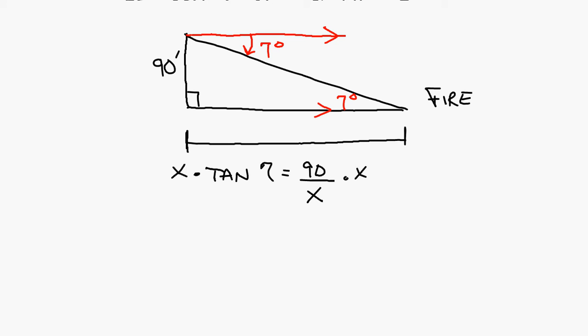Multiply by x and divide by tan 7. The distance from the base of the tower to the fire is going to be 90 divided by tan 7, which is about 733 feet.